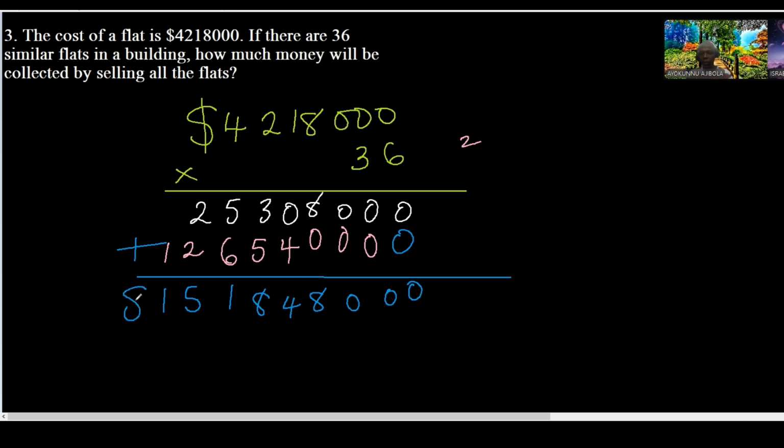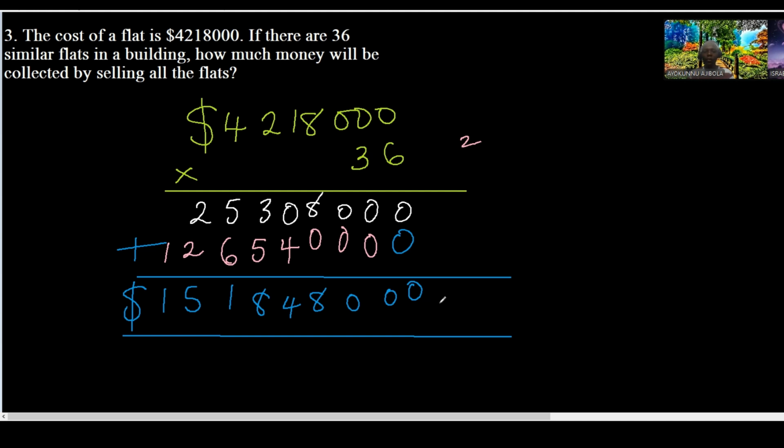So how do you pronounce this amount of money, Israel? It is 151 million, 848 thousand.